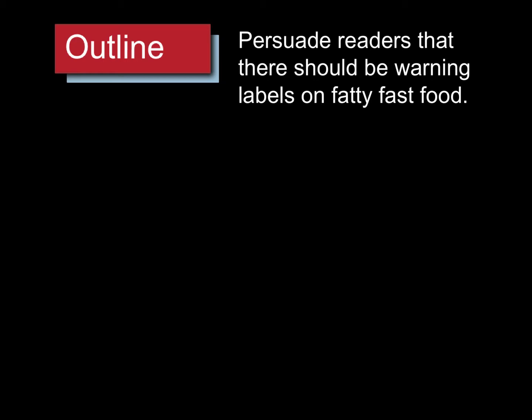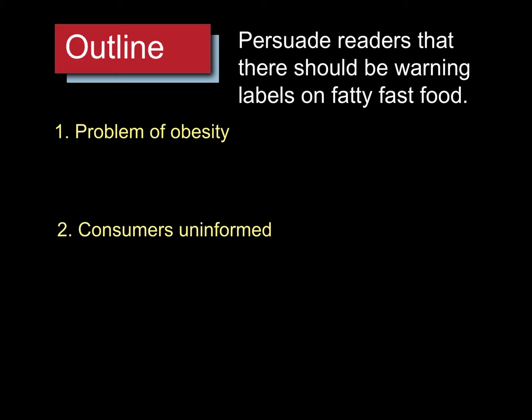Then I'm going to organize the main points from my web, and since I'm going in order of increasing importance here, I think I'll start with the problem of obesity because a lot of people already know about that. Next, I'll have the point about consumers being uninformed about exactly how much fat is in some of the fast foods that they order, because I think that's a stronger point, and then I might go on to whatever other points I have.